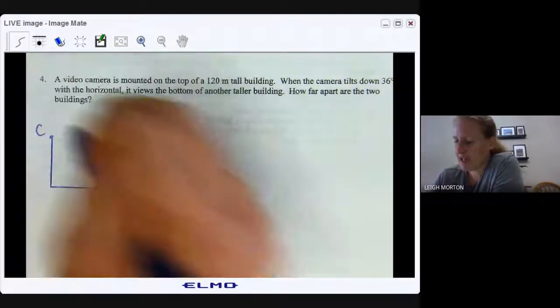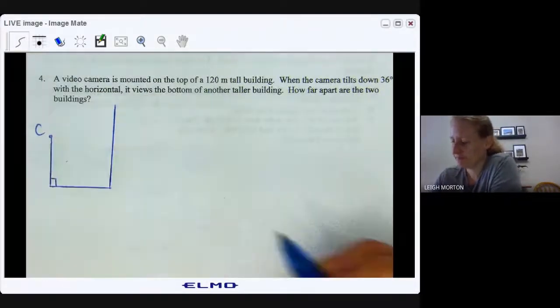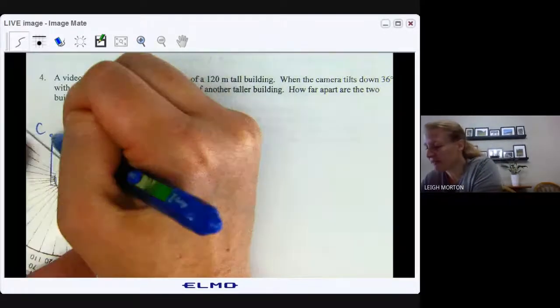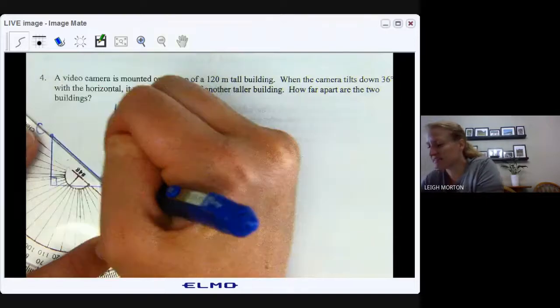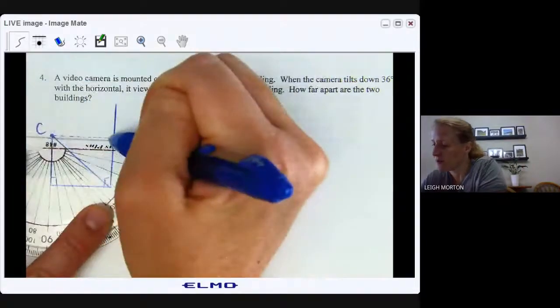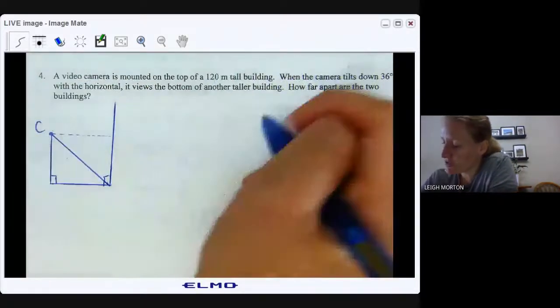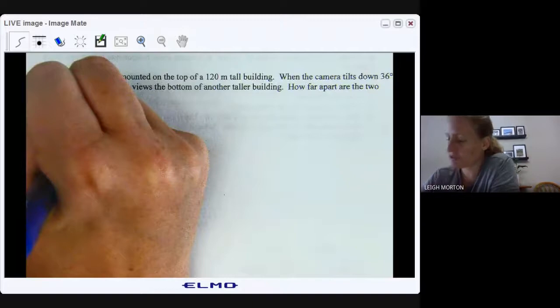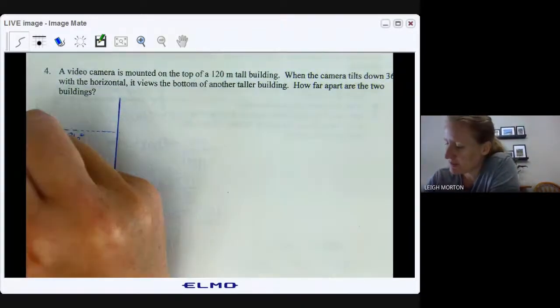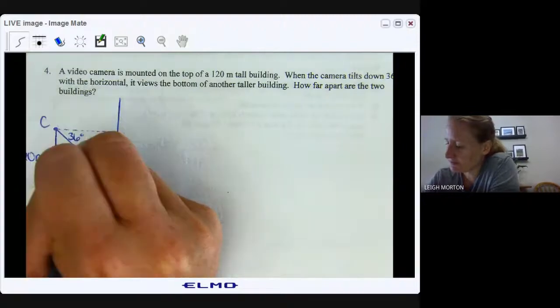Here's C for our camera. Now, when the camera tilts down, it can see the base of the other building. And we're told it tilts down 36 degrees with the horizontal. So that's 36 degrees right there. This building is 120 meters.